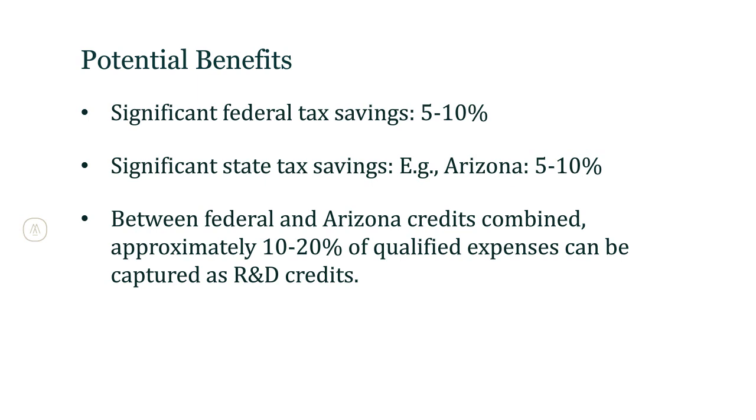And tax credits, for those who don't know, are a dollar for dollar reduction of income taxes. And so very, very positive for reducing taxes on a permanent basis. There's significant state taxes, Arizona, about 5 to 10% as well. So between the federal and Arizona credits combined, we're getting approximately 10 to 20% of the qualified expenses we're capturing as R&D.